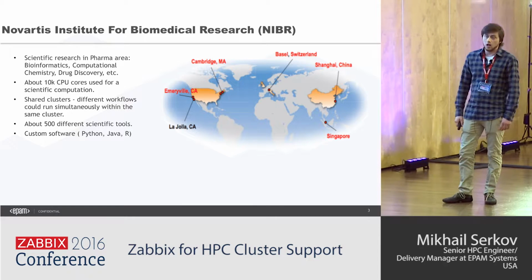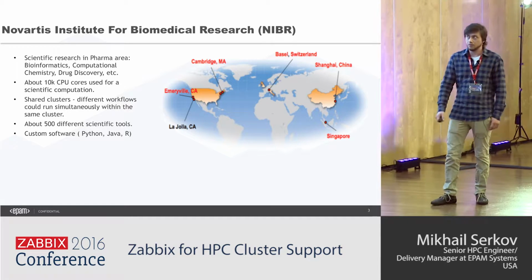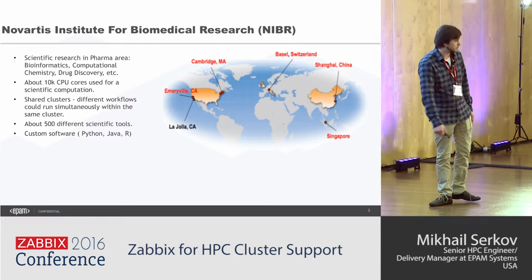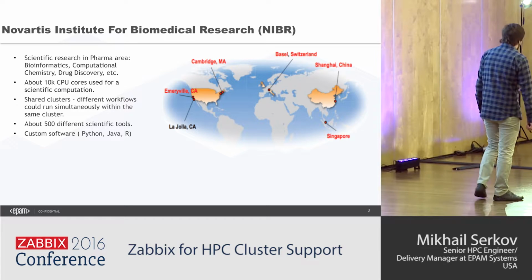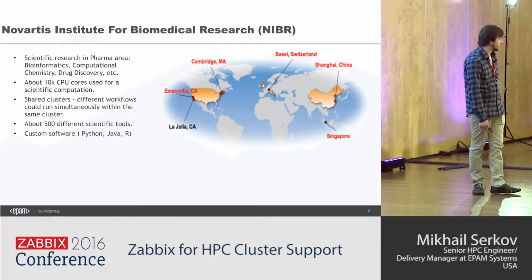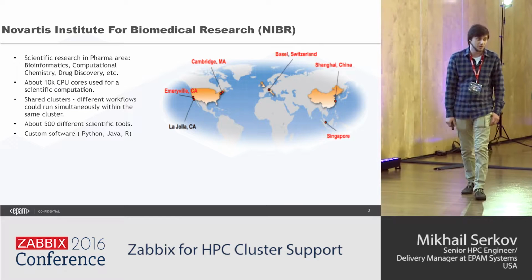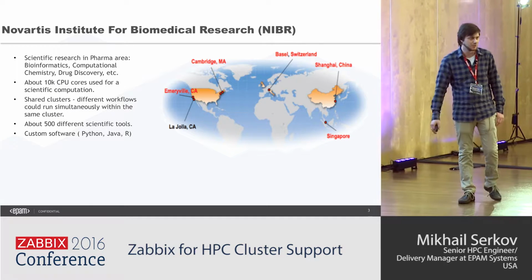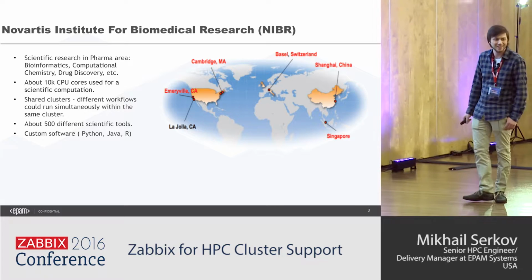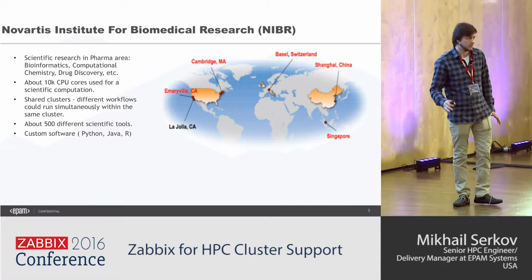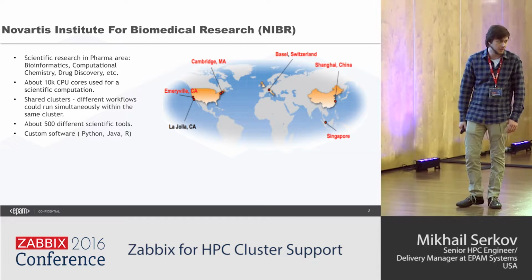So we have clusters in every single site, and all these clusters are shared. What does shared mean? That any user can log in and start their experiment, and they do it simultaneously. So sometimes it looks like a complete mess because they do it without a deep understanding of IT. They do science, and they don't care if they break something.